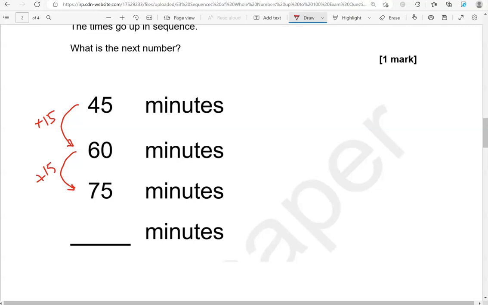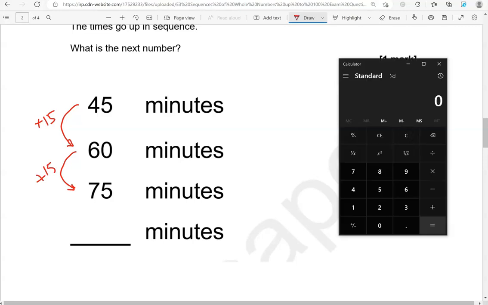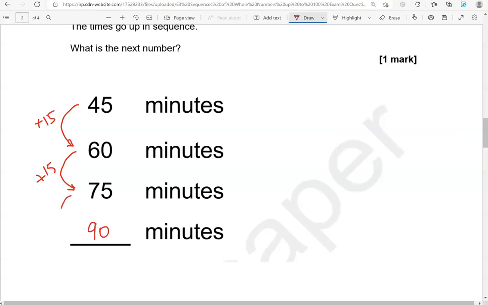Are we adding 15 here as well? So 60 add 15 gives us 75. So now 75 add 15 gives us 90, which is the next number.